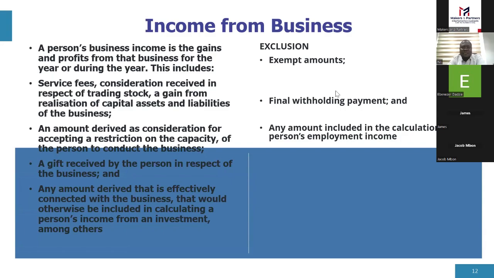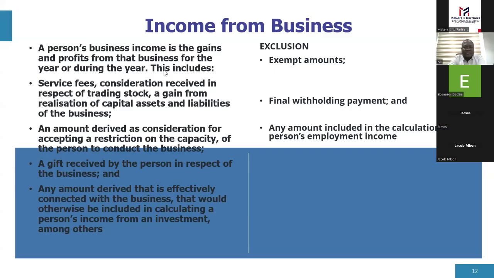Basically, we are talking about your total business income. That's whereby you've prepared your profit or loss for the year, certified by an auditor. So once you have that, it's being classified as business income.